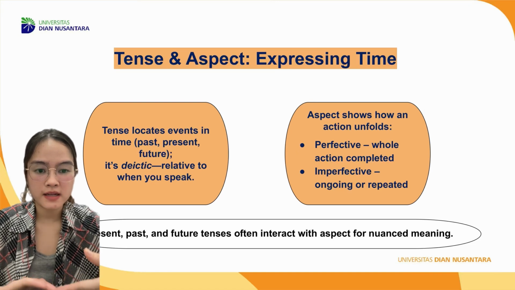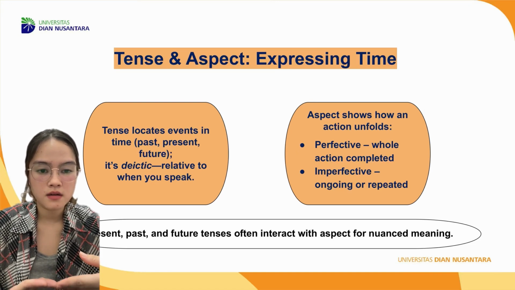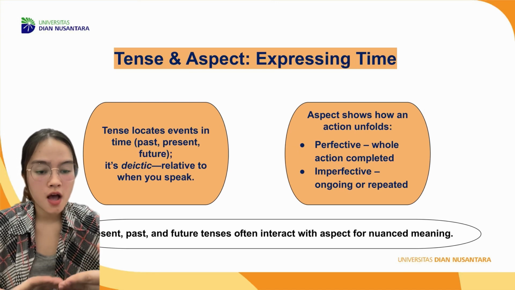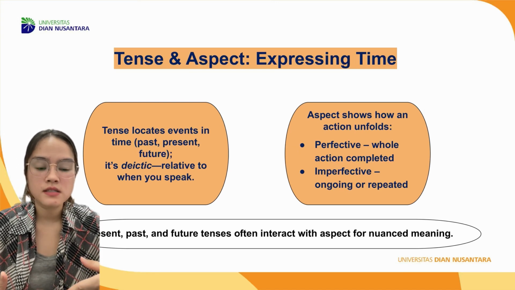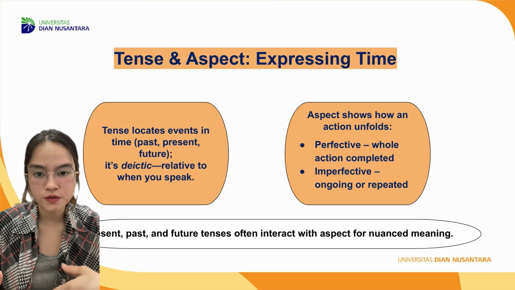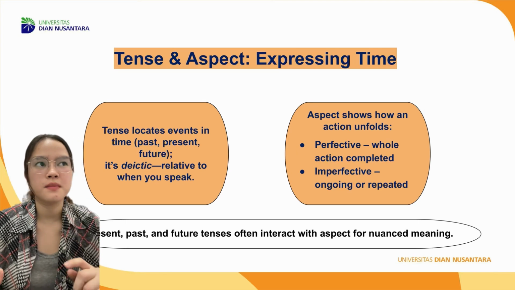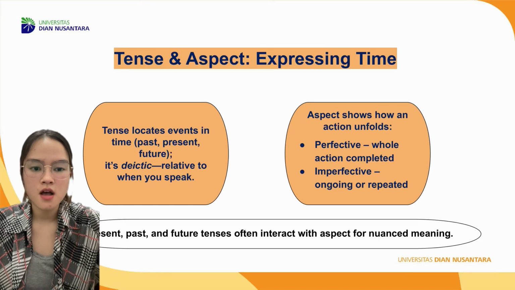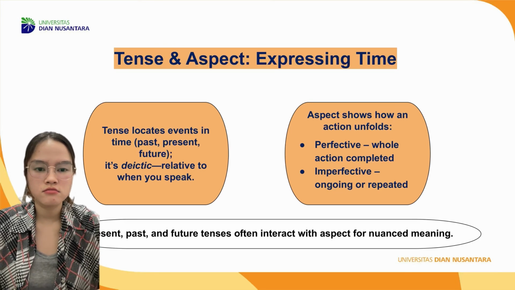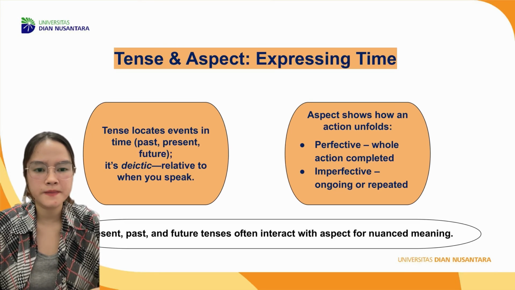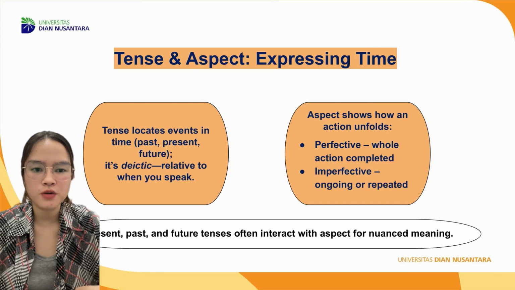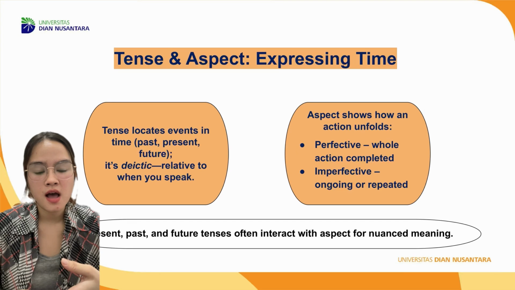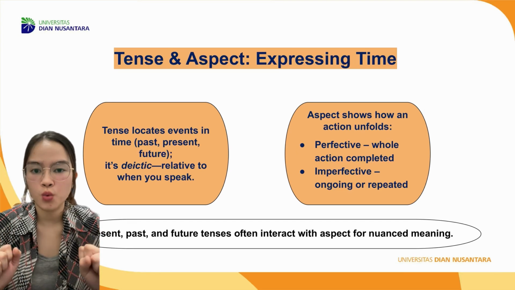For perfective, she built a house. Okay, for imperfective, she was building a house. It means still in process, ongoing. So tense is about when it happens, and aspect is about how.